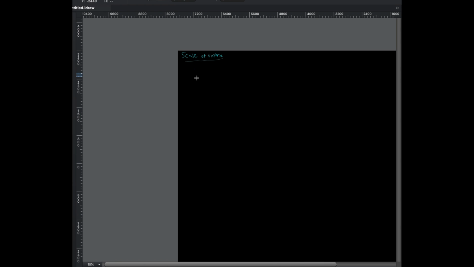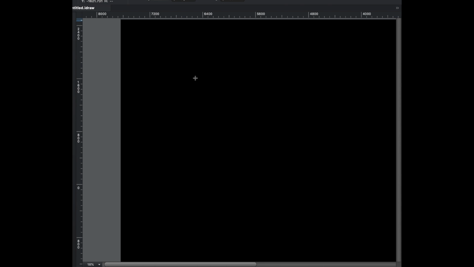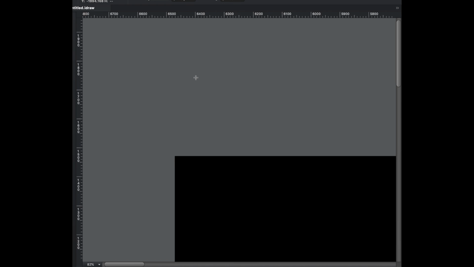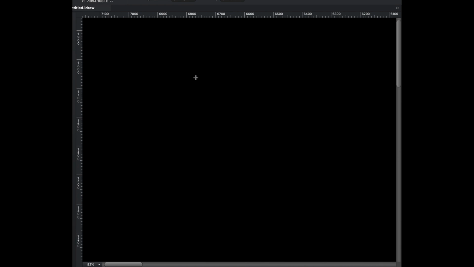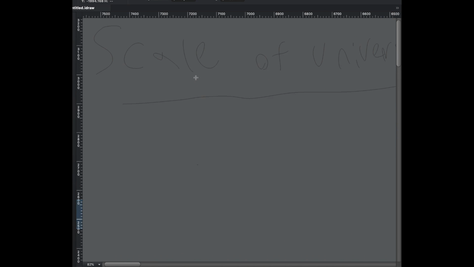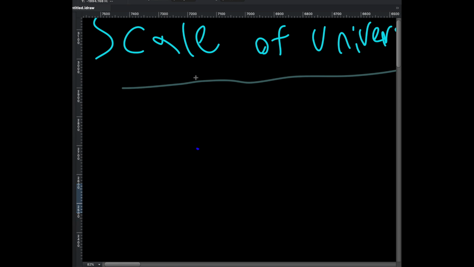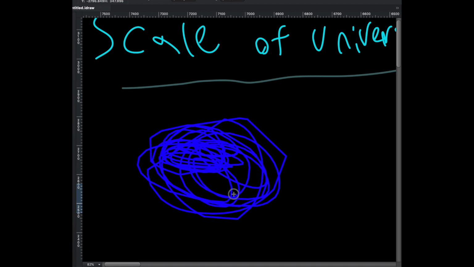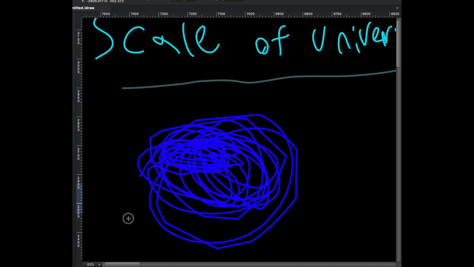So, where's our galaxy? You can't even see our galaxy anymore. There it is. Zoom in. Okay, so just make that bigger just to see it. Big, big, big. That's not big enough.